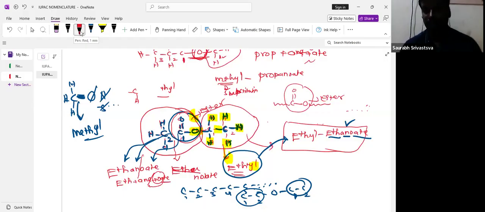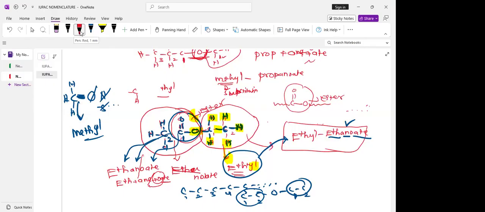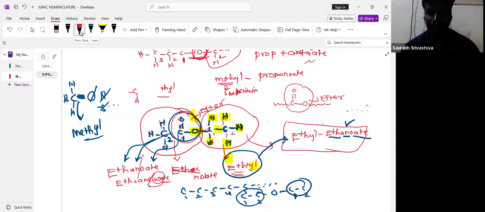For alcohol, how we are writing OL, and for aldehyde, how we are writing AL, according to the IUPAC nomenclature. IUPAC means International Union of Pure and Applied Chemistry. That group gave this name. So that's why we are writing.